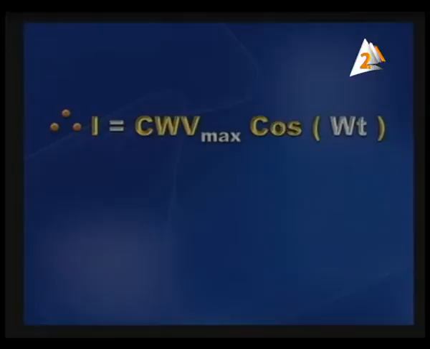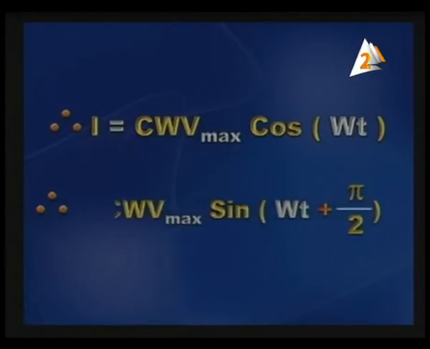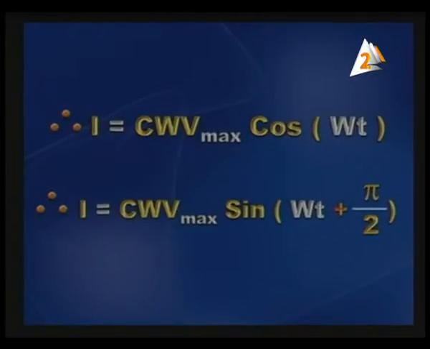And once again, cosine is converted into sine, and we have to add pi over 2. So I instantaneous is equal to C omega V maximum sine omega t plus pi over 2.